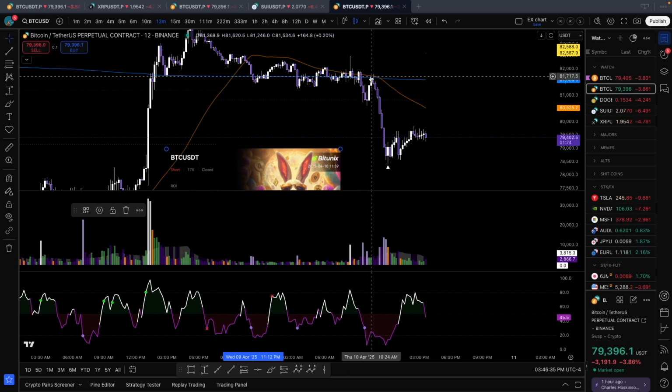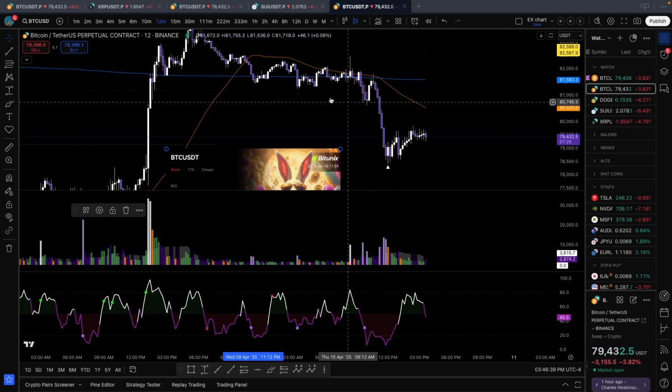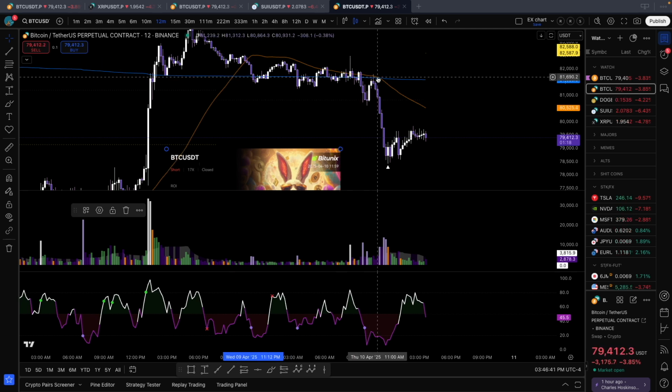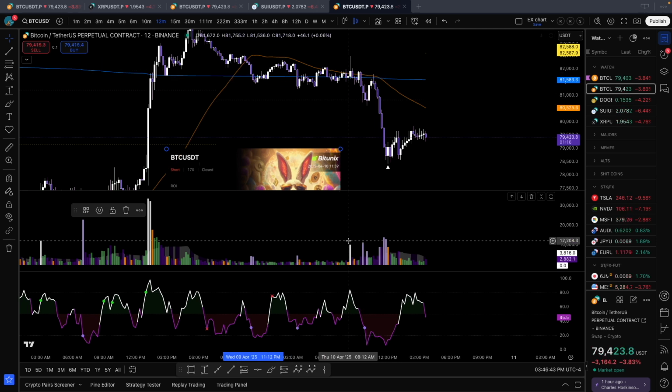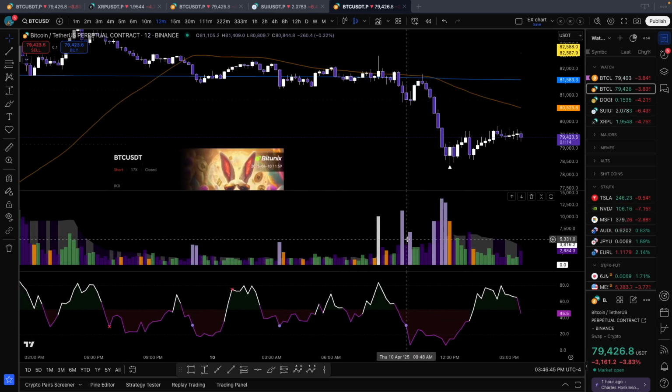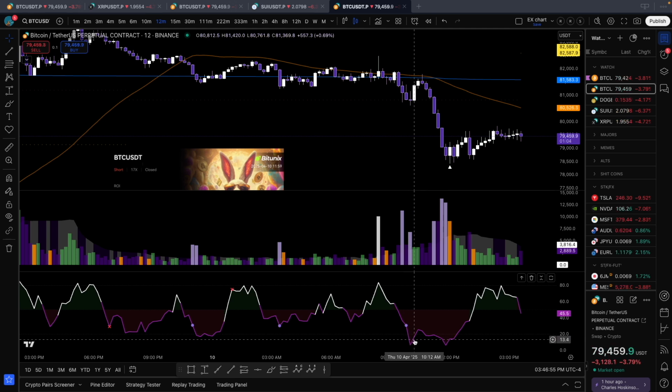So price was coming up here playing on the VWAP and on the 50 MA. Couldn't get back up above the 50 MA. And that was a good short. The confirmation right here was we were about to see a reversal of continuation, because we came down after this.